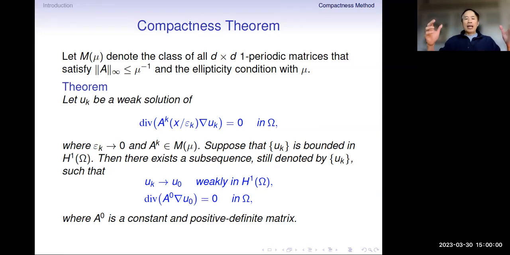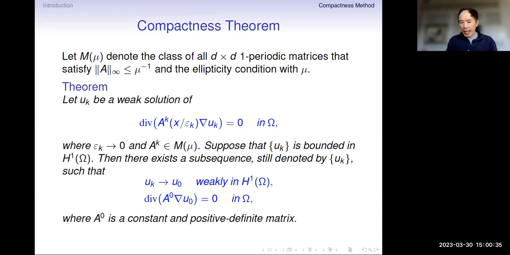Then the theorem says that I'm going to consider a sequence of solutions which also allow the matrix to change in this class M of mu. So I'm doing compactness not just for one fixed matrix, but for all matrices in the same class: periodic matrices with the same ellipticity constant mu.